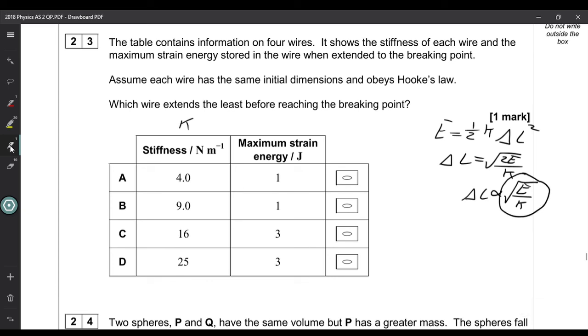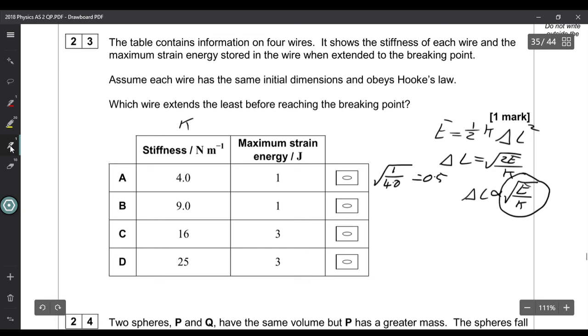So if we calculate for each of those, for example the first one is going to be root 1, which is our energy, divided by 4.0, which is our K, and that comes out to be 0.5.